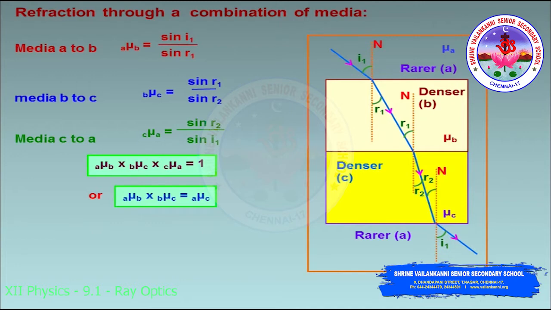And also we can say mu BC is equal to mu AC by mu AB, that is medium 1 3 by medium 1 2. Have you got it? So this will help us to know the refraction through a combination of the mediums, right?